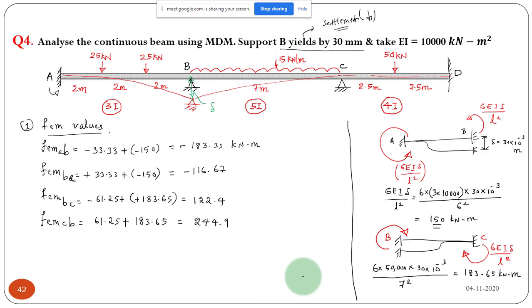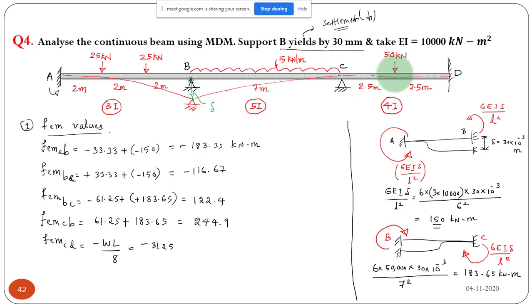And FEM CD, here there is no change, minus WL by 8. W is 50, L is 5, so 50 into 5 by 8, so 250 by 8, which is 31.25. So this is minus 31.25.